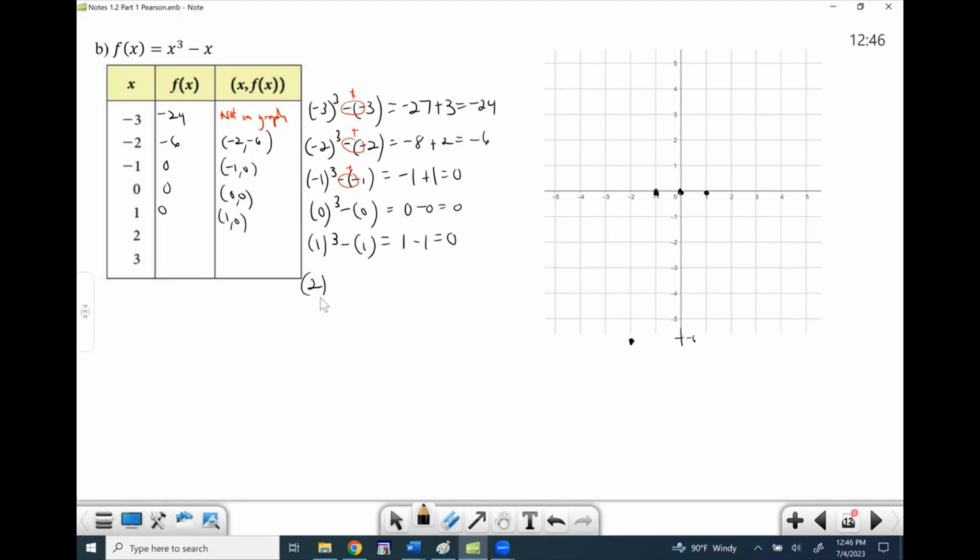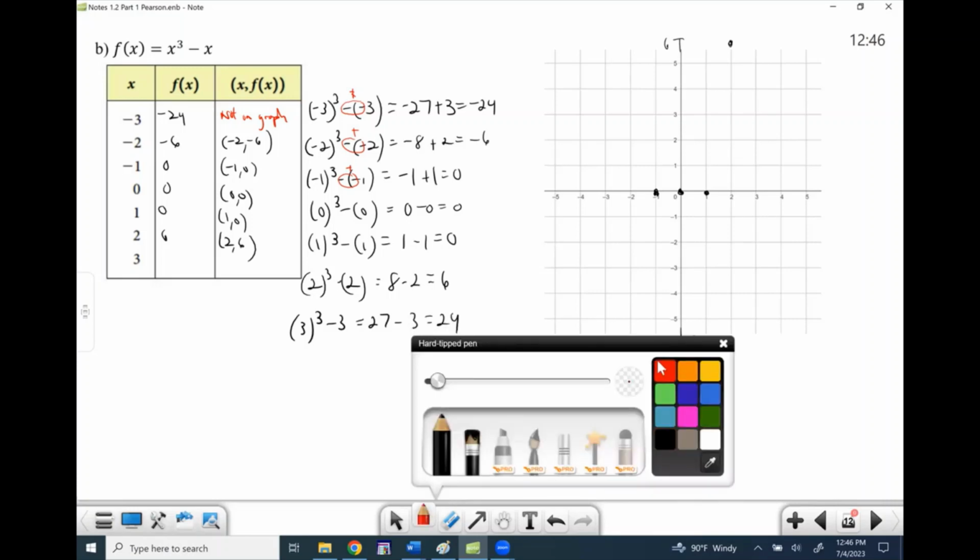And then 2 cubed minus 2. So 2 times 2 times 2 is 8. Take away 2 is 6. So 2, 6 is on the graph. Over 2, up 6. So again, we'll just pretend 6 is right there, you guys. And then the last one to substitute in, 3 cubed minus 3. So 27 minus 3. Oh my goodness, this is going to be too big again.